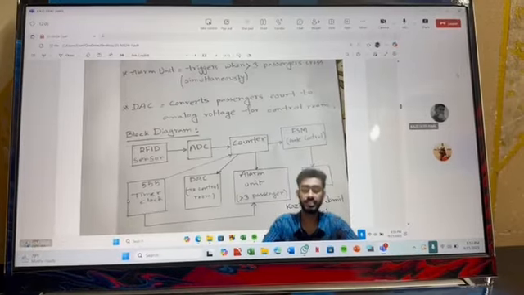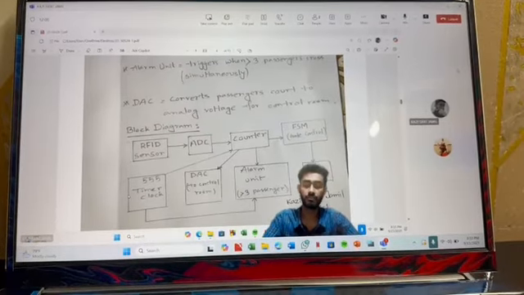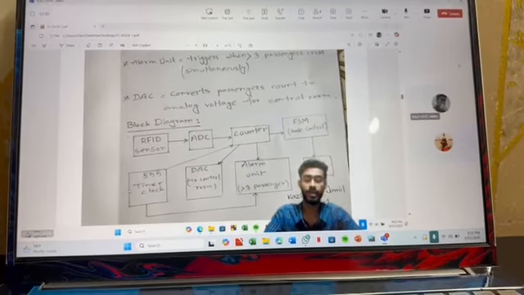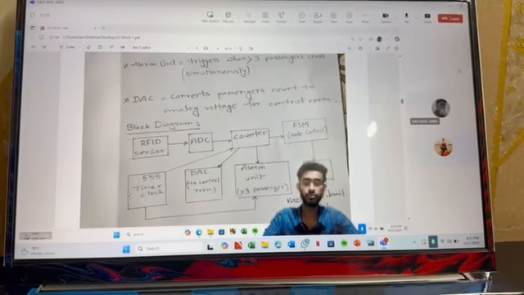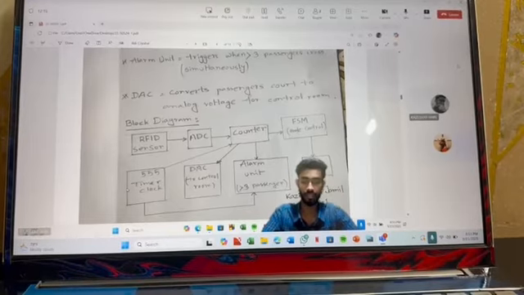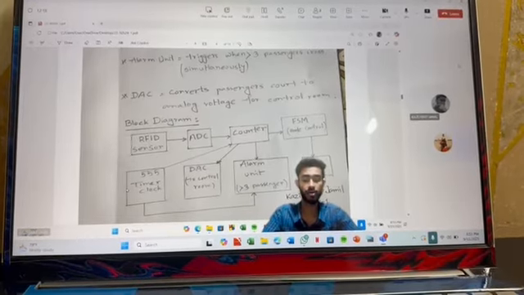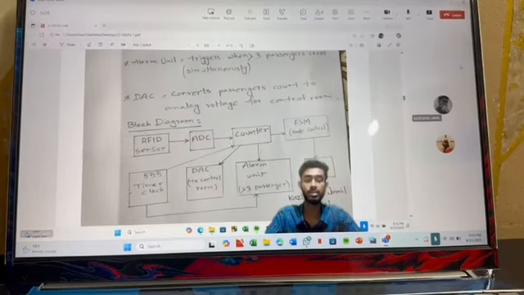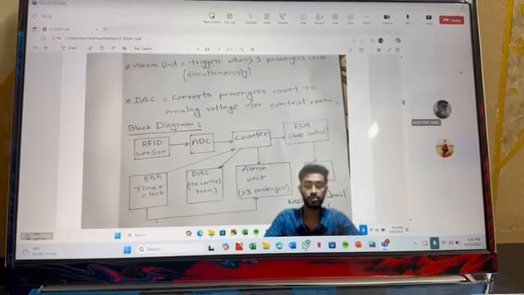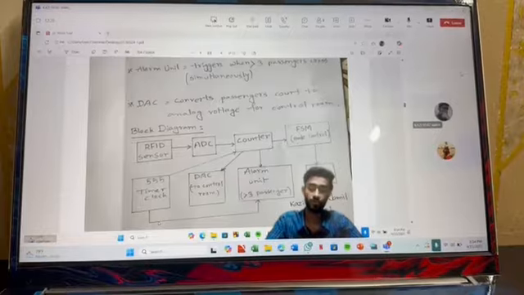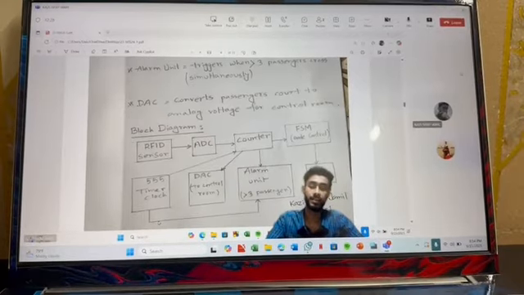A DAC converts the number of people on the platform back into a voltage. This goes to a control room, so a human operator can easily monitor the crowd size. Finally, it all controls the gate, which is the physical barrier.